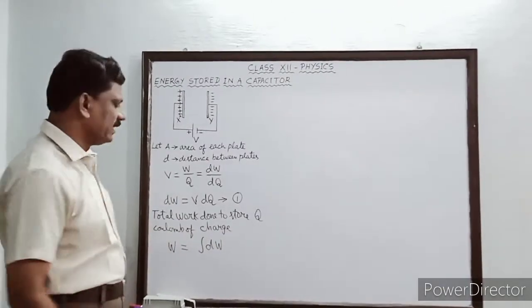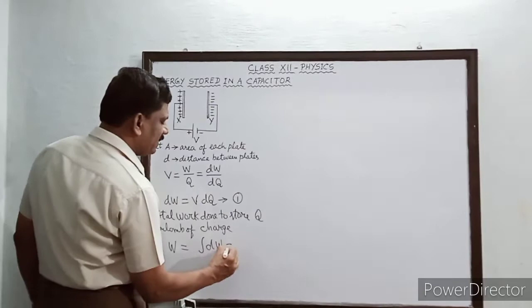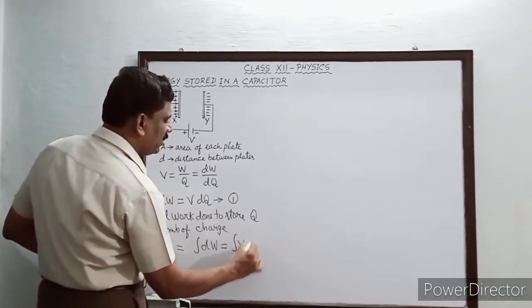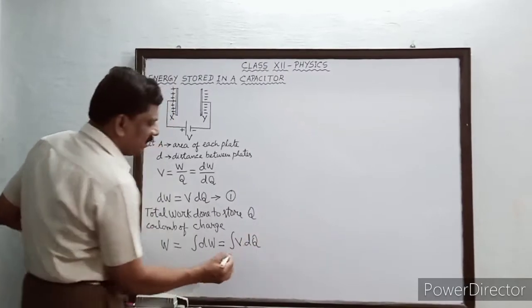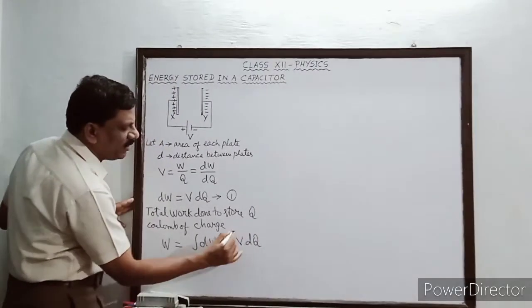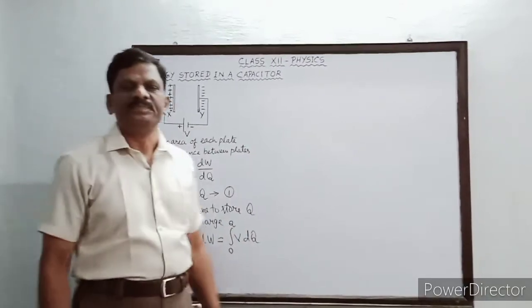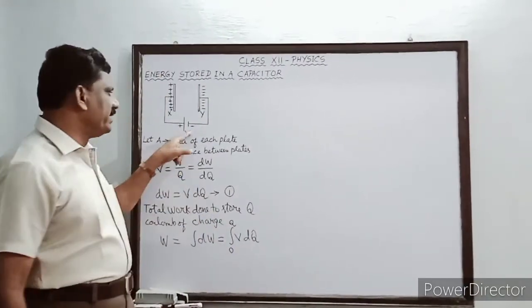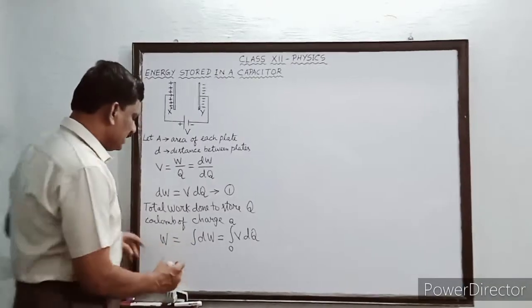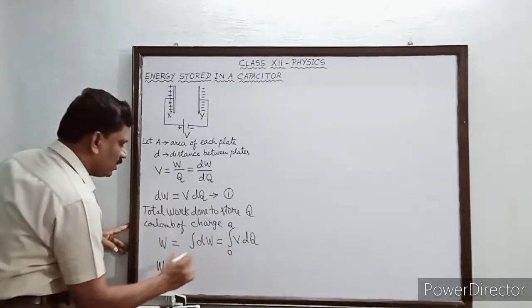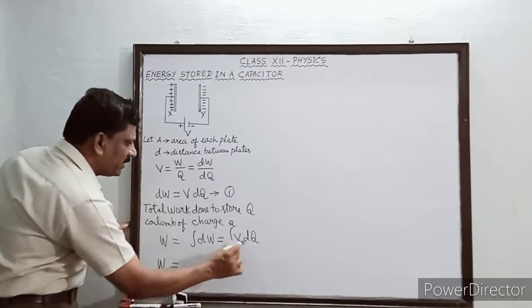The total work done is the integral of dW and this is equal to the integral of V into dQ. The initial quantity of charge was 0 and the final quantity of charge was found to be Q coulomb. And the applied potential difference V is a constant. So W is equal to V into the integral of dQ.